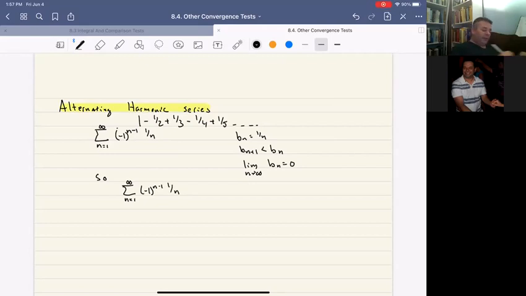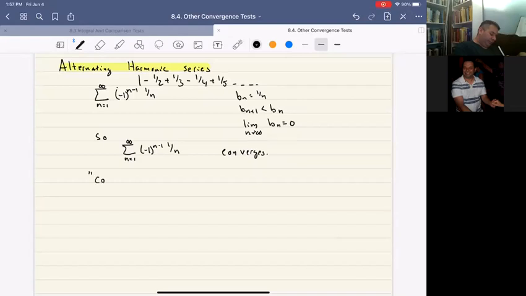Okay, this means this is what's called conditionally convergent. That means that the alternating series that goes with the series, or before I do that, I should define what absolute convergence is.